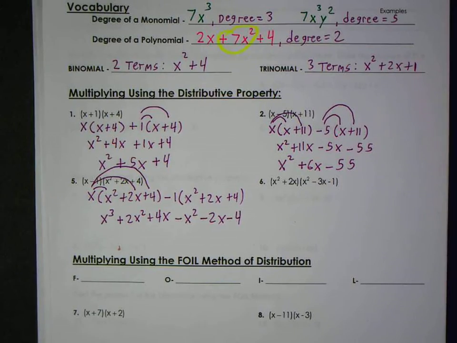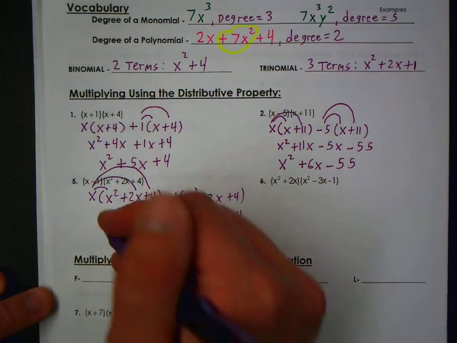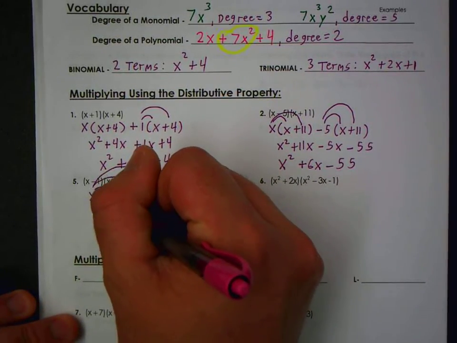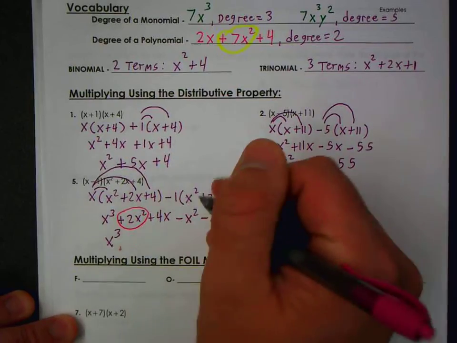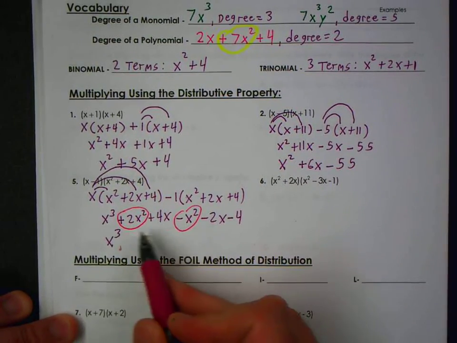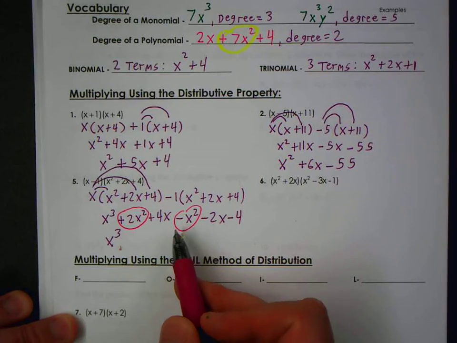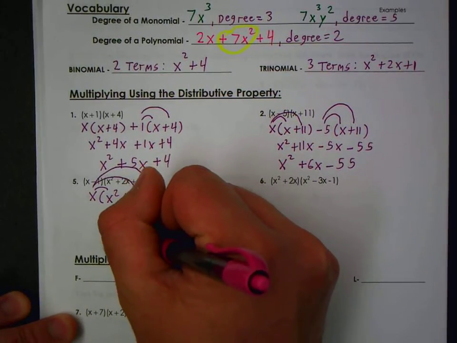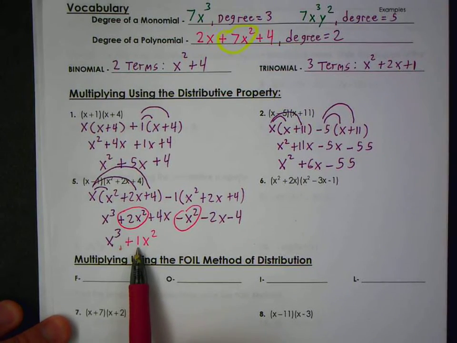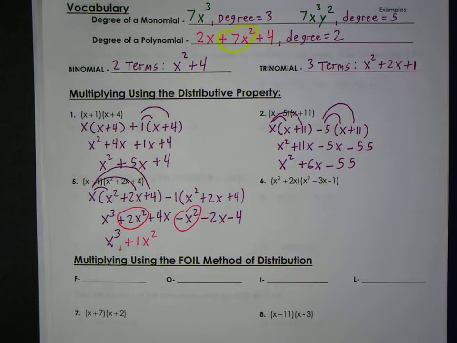Combine like terms and put in order from highest degree to lowest. I have an x cubed, that goes first. My x squareds, I have this one and this one. That's like a negative 1. 2 minus 1 is 1. Remember, you don't have to actually put a 1 there. You could just put plus x squared, same thing.